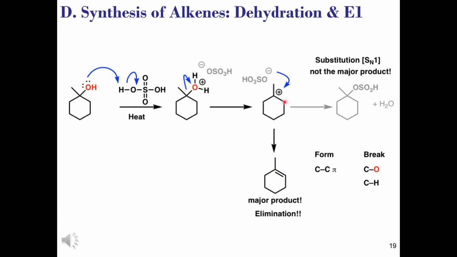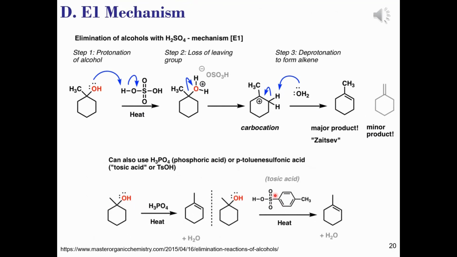It's reasonable to propose that instead of attacking the carbocation to form a new substitution product, a weak base is just as capable of abstracting that proton adjacent to the carbocation, that's the beta hydrogen, and thus forming the alkene. An E1 reaction is a unimolecular reaction. This means that only the substrate is involved in the rate determining step. So this relies on the ability of the water molecule to leave.